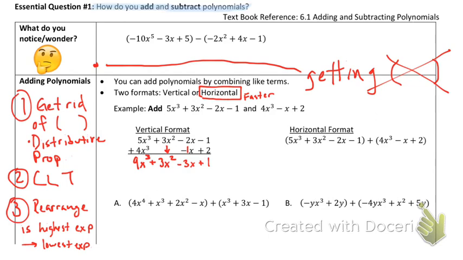If we go on to the horizontal format, it's essentially the same thing, except we are not organizing it kind of like we did here. Okay, all we're going to do is more of a mental math of combining like terms. So just like on the steps over here, we want to make sure in step 1 that we get rid of the parentheses.